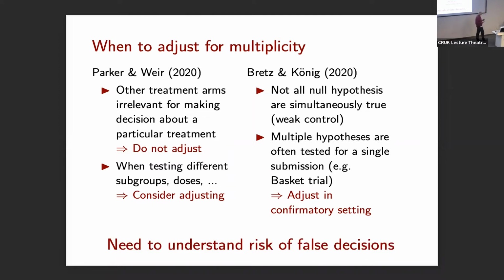And therefore, okay, one might argue whether one should control or should understand the risk at 2.5% or maybe 10%, but you don't want to be in a situation where just because you haven't looked at it, you haven't thought it through, you might end up with 50, 60, 70% chance of making a wrong decision. And therefore, understanding your risk of making a false decision is going to be important.